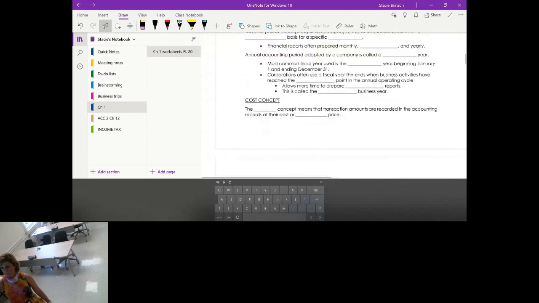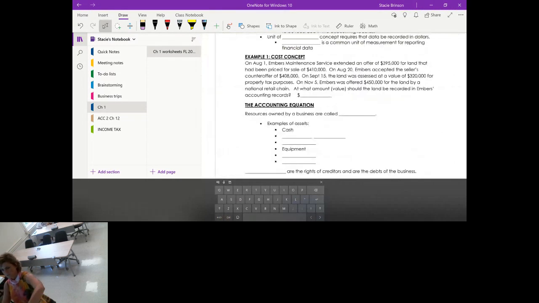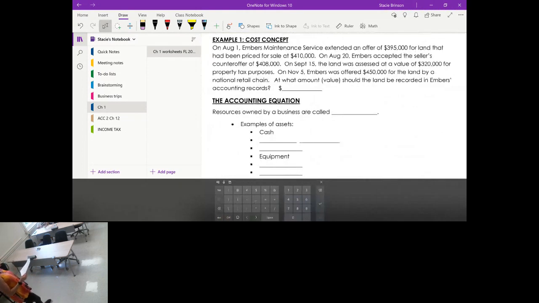Okay, cost concept. I don't think I can make this bigger. Yeah, there we go. Can y'all see that okay? Okay, so in this example, you've got a company called Embers Maintenance Service. And they extended an offer of $395,000 for land. Okay, so what that means is, has anybody ever done anything with real estate or have a realtor parent?